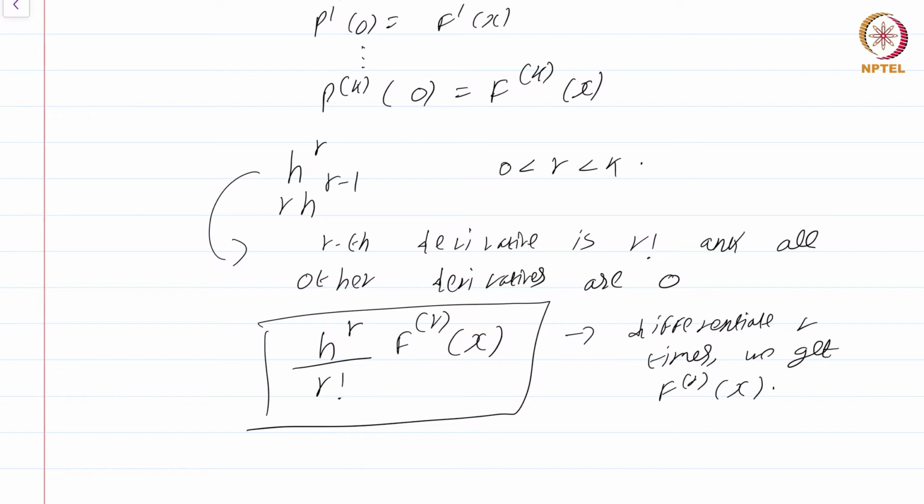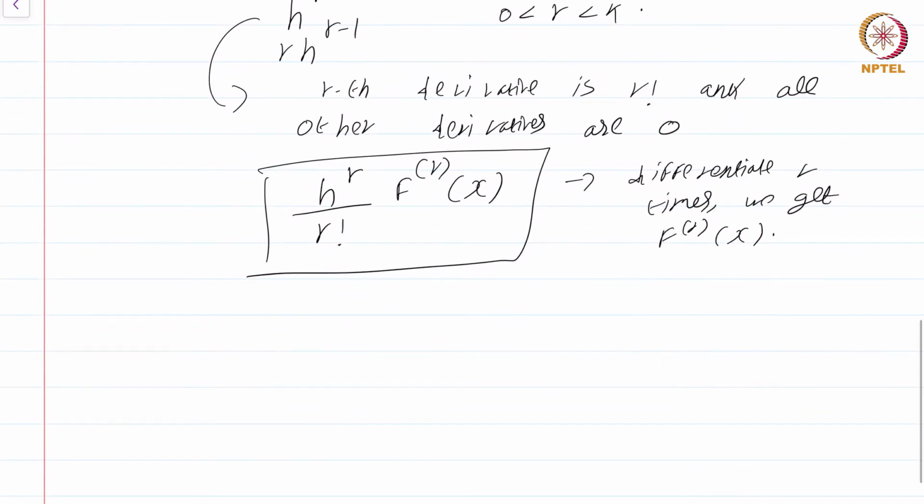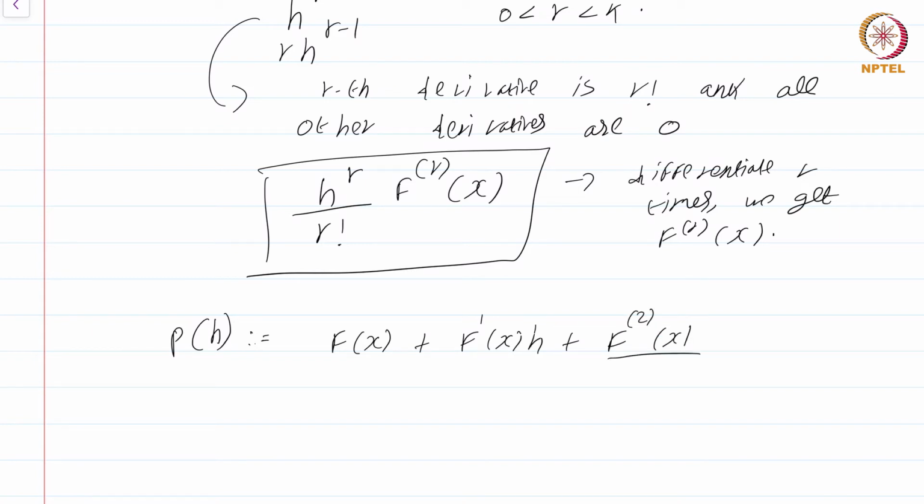So this prompts us to consider this polynomial p of h, which is defined to be f of x plus f prime of x times h plus f double prime of x by 2 factorial times h squared plus dot dot dot plus the kth derivative of f at x by k factorial times h to the k.